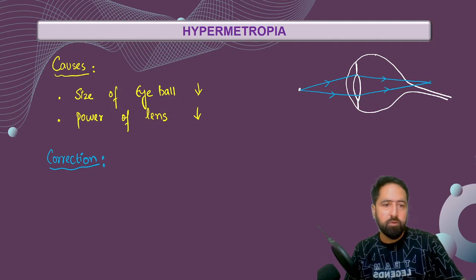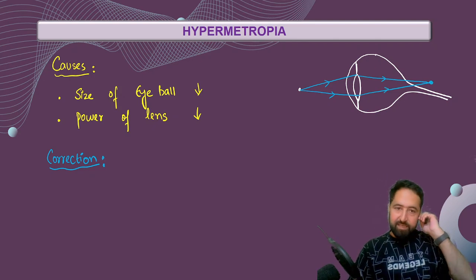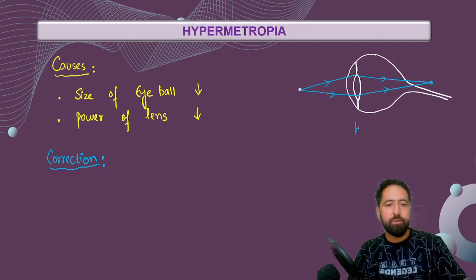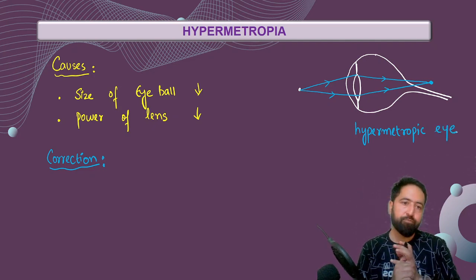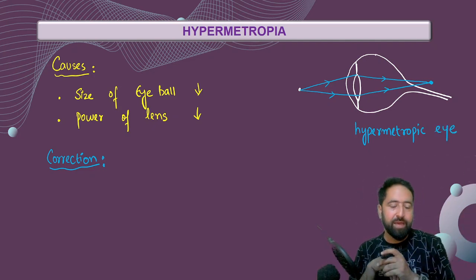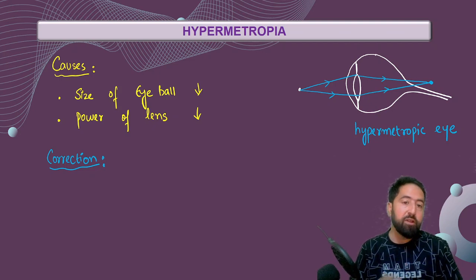Yeah, there we go. So as you can see in this, it's the hypermetropic eye, because the image is formed behind the retina. Okay, now how will you correct this?